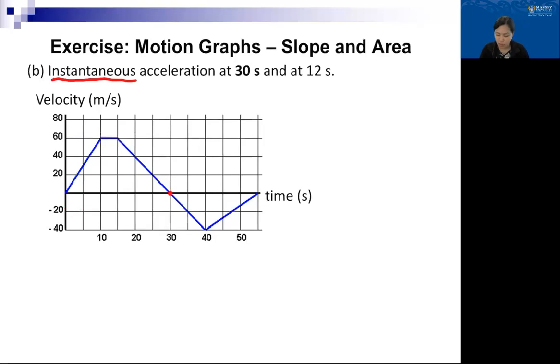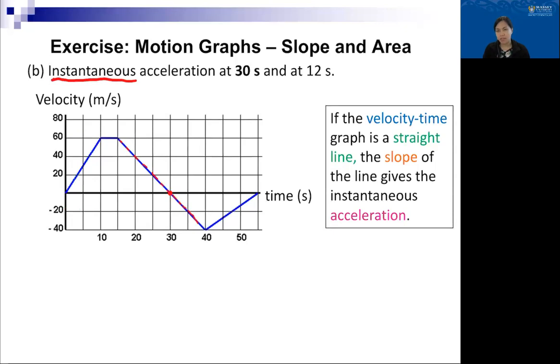Instantaneous acceleration means you have to draw a line that's tangent to this point that you're wanting to find. But your graph is a straight line graph, so essentially the tangent to that point at 30 seconds is the actual graph itself. The velocity time graph is a straight line.